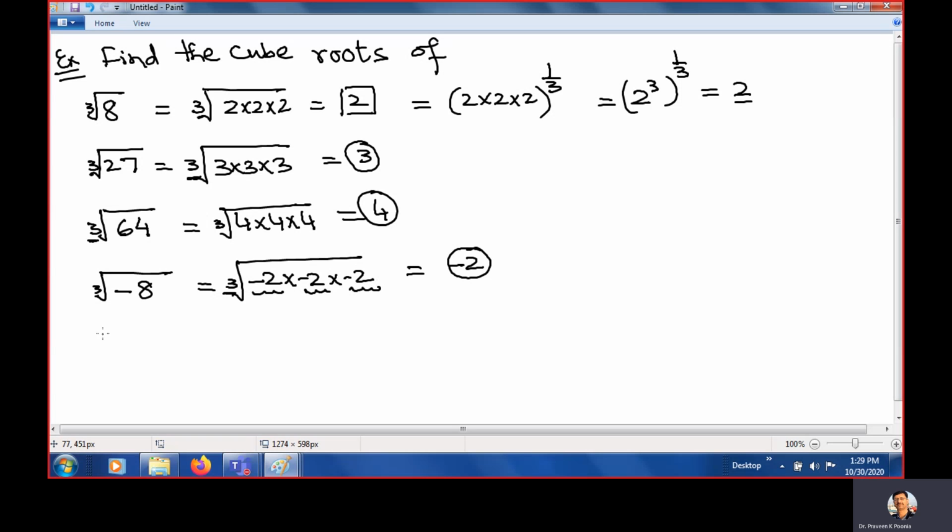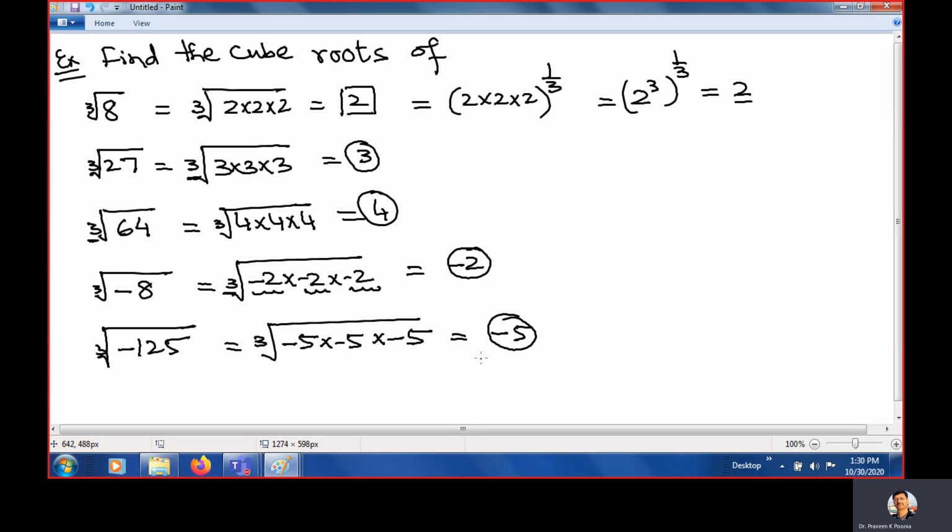Clear? For example, another cube root, if I want to write minus 125. How much will it be? You need to break minus 125 into 3 parts. So minus 5 times minus 5 is positive 25. Then times minus 5, so it is negative. How much is the answer?